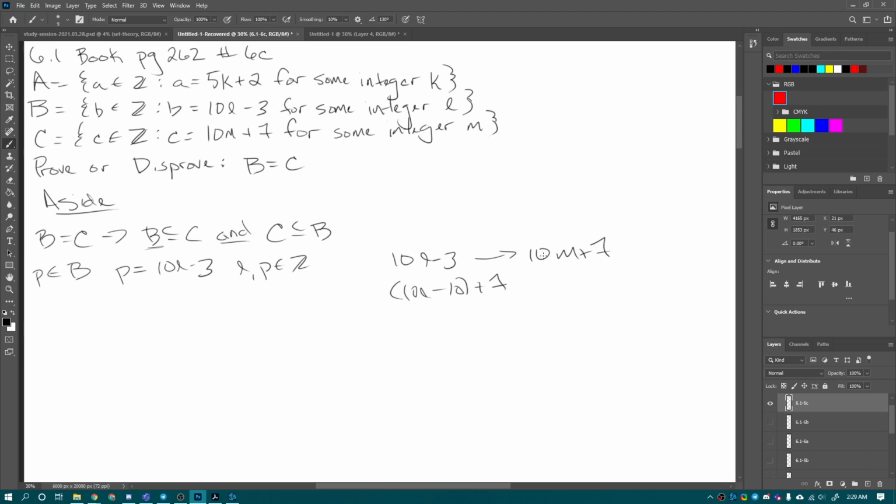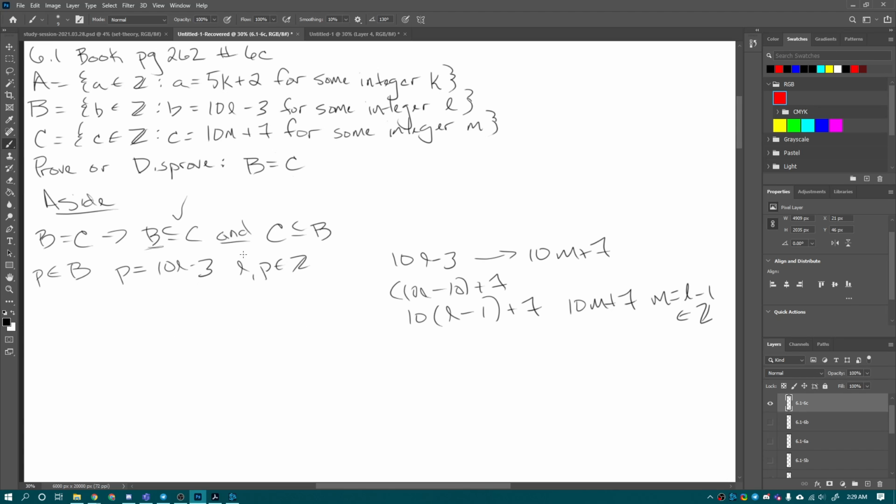And I ask if I can factor out a 10 from the parentheses. I can. That's equal to 10 times the quantity L minus 1 plus 7, which is also equal to 10M plus 7, where M is equal to L minus 1, which is an integer. All right, so far so good. We know how to prove that B is a subset of C.